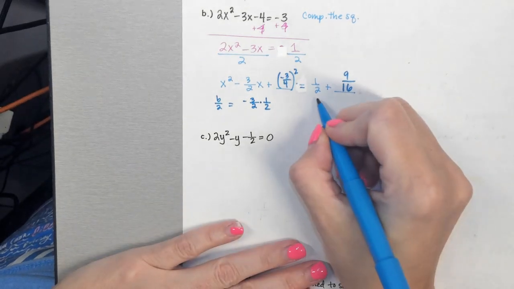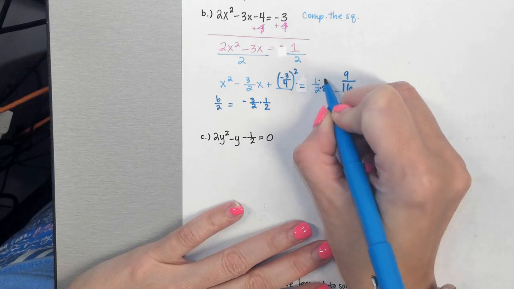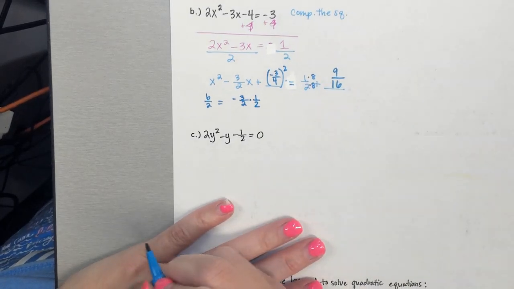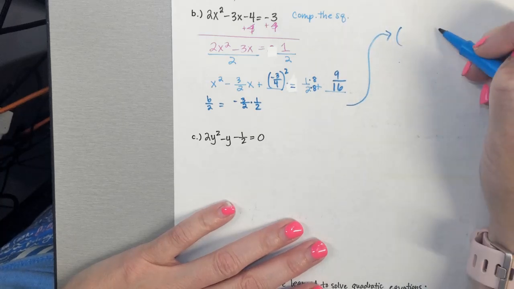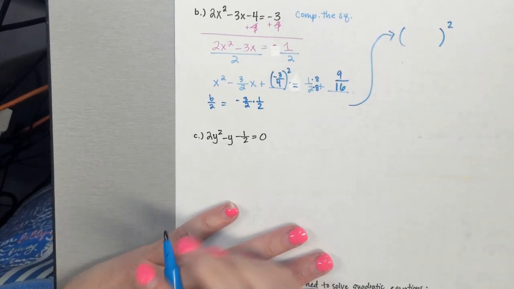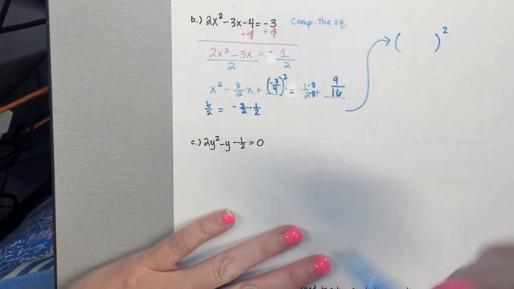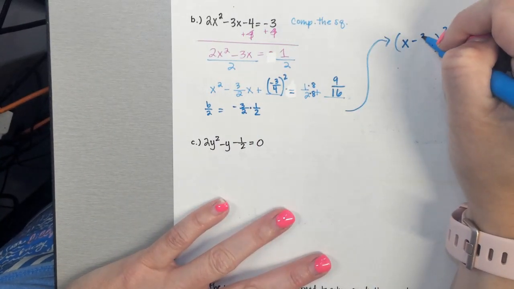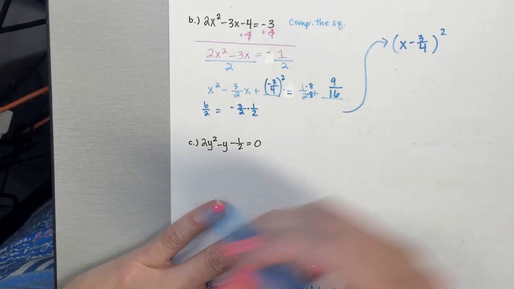Okay, and then just like we did before, we're going to get a common denominator. So times 8 times 8. Take this up here. And this is why I like leaving it like this, because I'm not going to want to factor that trinomial. I just want to be able to drop that b value in there, x minus 3/4 squared.